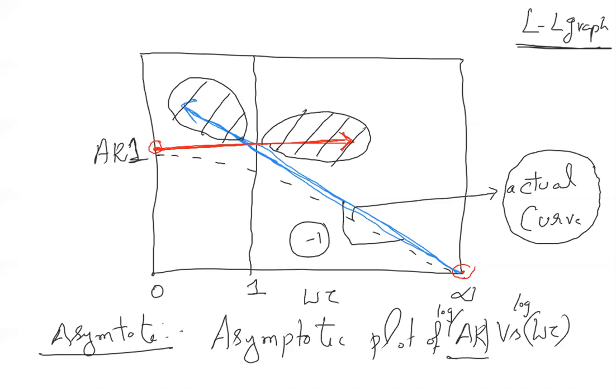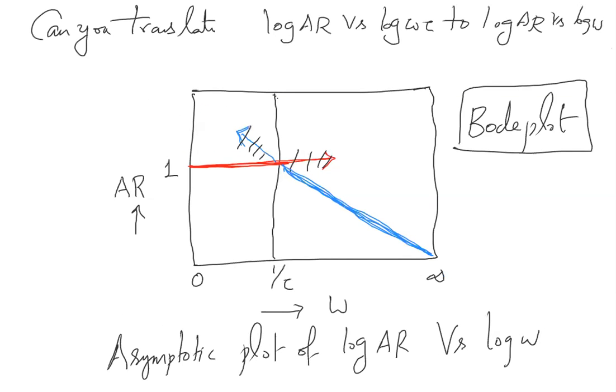See, what we have drawn is the asymptotes. Now if we translate this graph of log omega tau to log AR versus log omega, then this is the graph. This is called as the Bode plot. What is the slope of the line here?